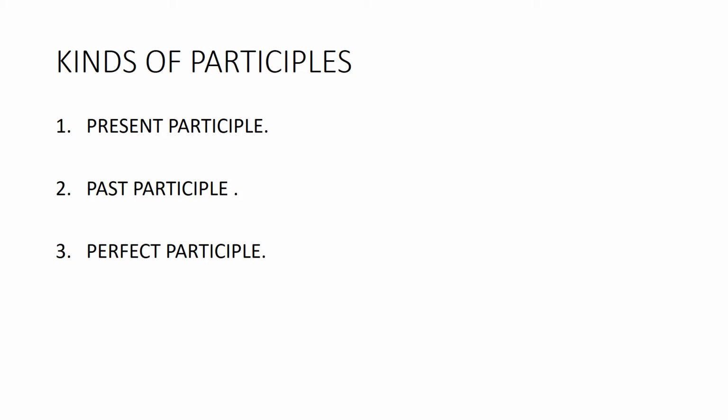Let's learn something about past participle. Past participles are formed by adding d, ed, t, en, ne, n to the verb. For example, a burnt child dreads fire.